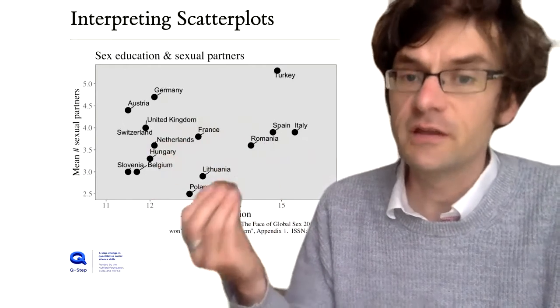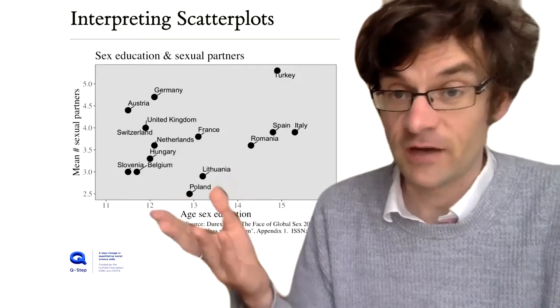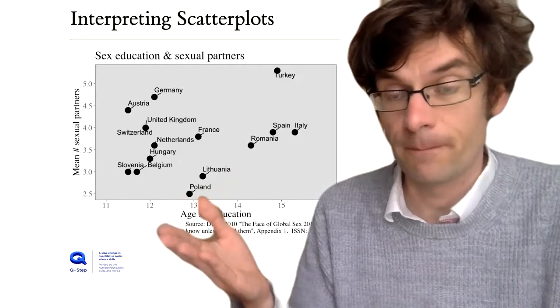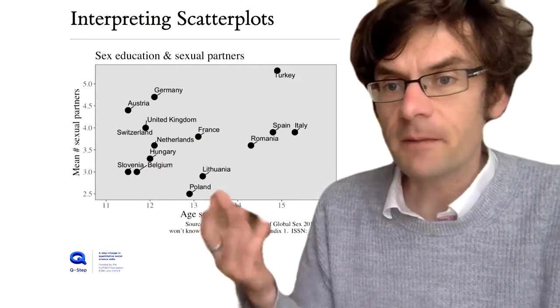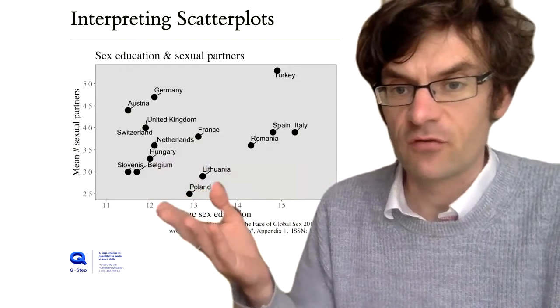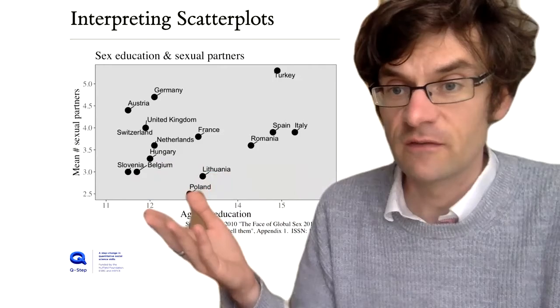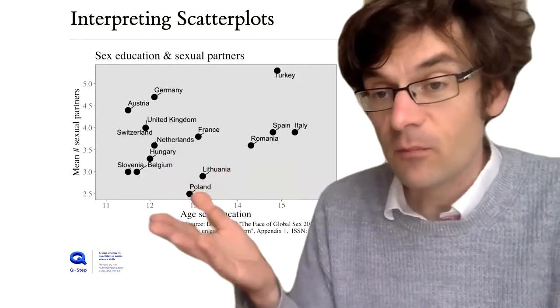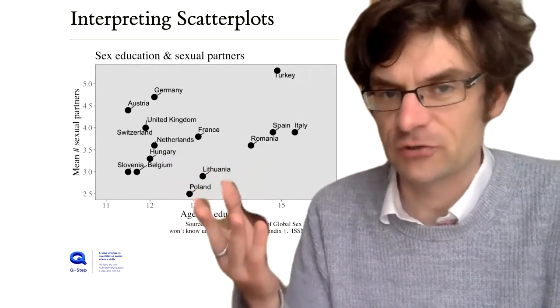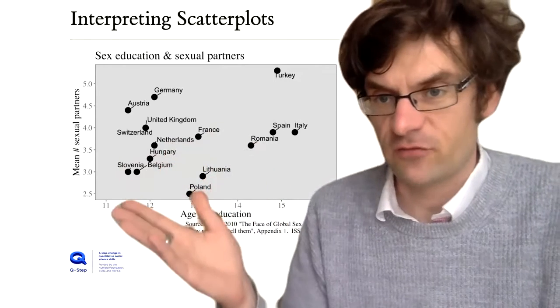The variables need to be continuous or have a lot of categories for those to make sense. So here, for example, I might be interested in the mean age at which someone receives sex education in various countries and the related mean number of sexual partners. The scatter plot here presents that relationship.